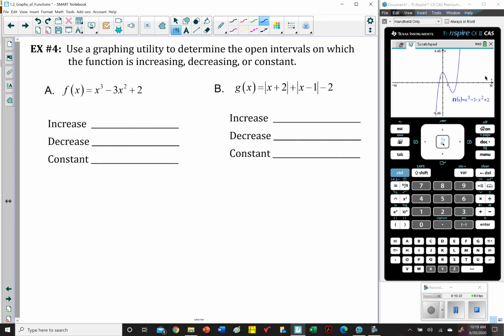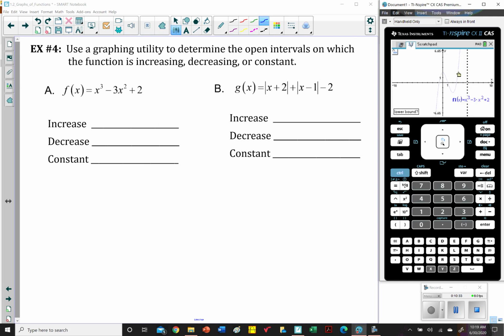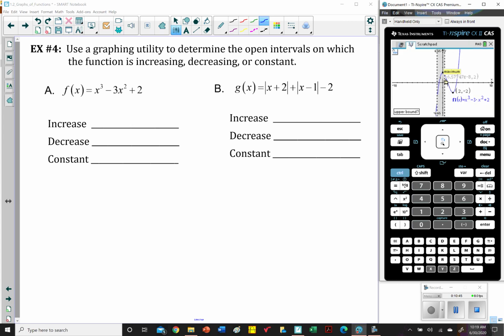Now we could check that with the Analyze feature by using the minimum and maximum. So if I wanted a minimum, I could start here to see that it's decreasing there, and then the same thing with maximum, just to verify that the values were correct.